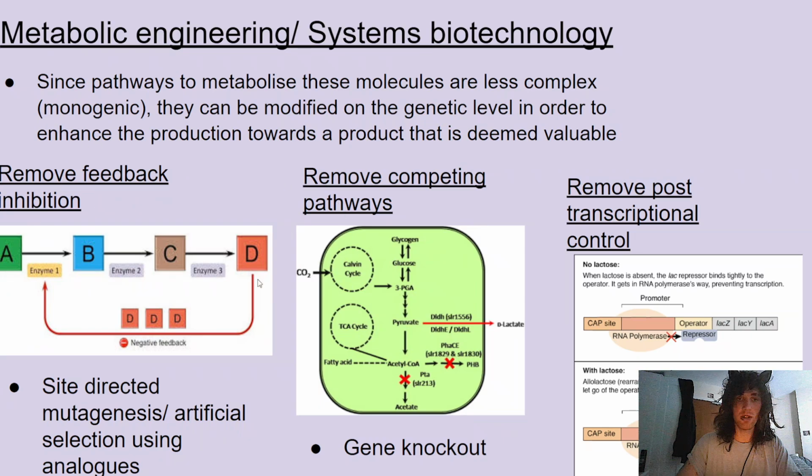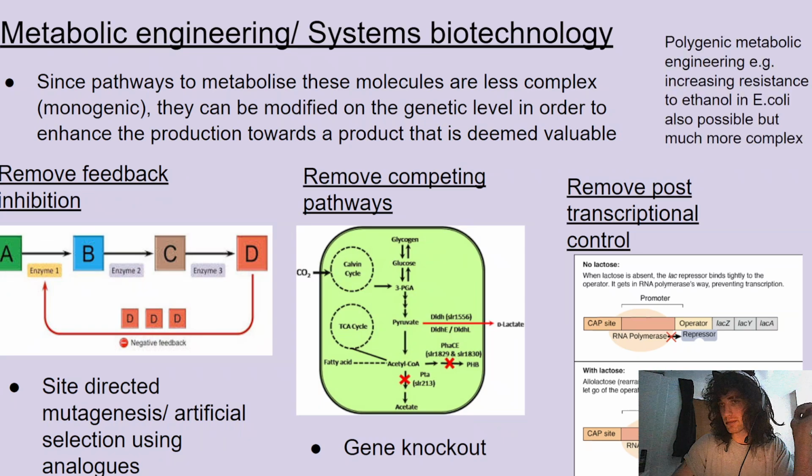So feedback inhibition is you're stopping the enzyme from working, and post-transcriptional control is you're stopping the enzyme from being transcribed, from being expressed, which we don't want. We want the majority of our cell life cycle to be spent making our product. We do not want, as soon as we actually start making the product, the whole process to stop. That's very annoying. We don't like that.